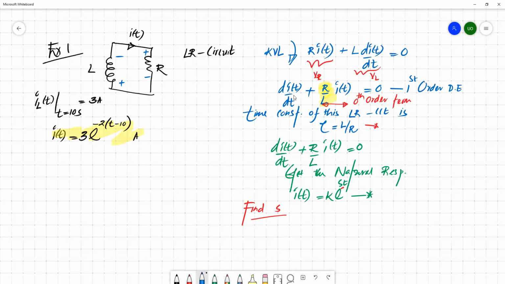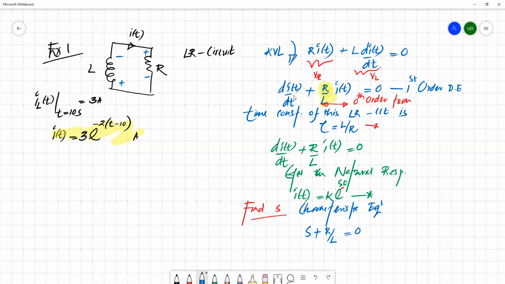Convert this differential equation to its characteristic equation. So how do you get the characteristic equation? Replace the nth order derivative with s to the power n. We have a first order derivative, so you can put s plus R over L equals 0.